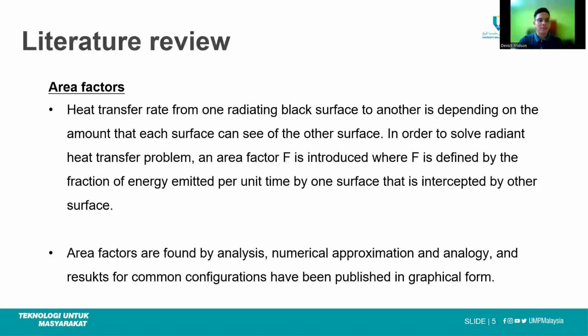Area factors. Heat transfer rate from one radiating black surface to another depends on the amount that each surface can see of the other surface. In order to solve radiant heat transfer problems, an area factor F is introduced, where F is defined as the fraction of energy emitted per unit time by one surface that is intercepted by the other surface.